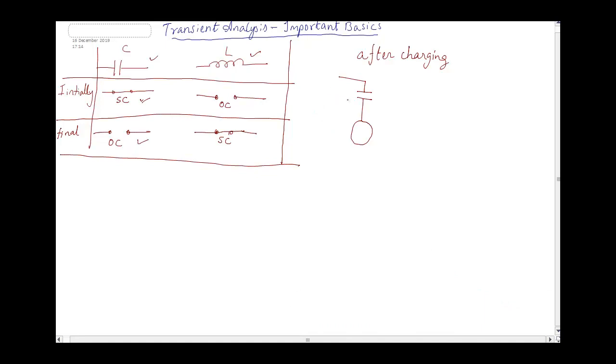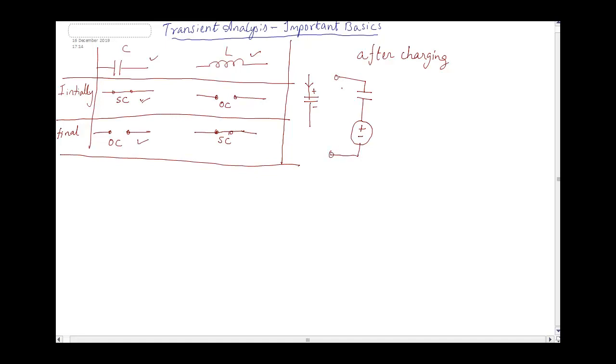That source will have a polarity of plus and minus, based on which direction the capacitor was charging. That means if the capacitor was here and the charging current was flowing from top to bottom, then the capacitor charges with plus and minus like this. So that same polarity we are having here.